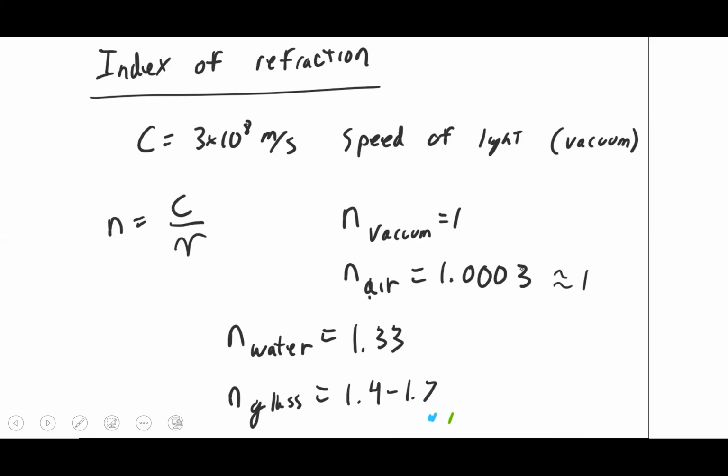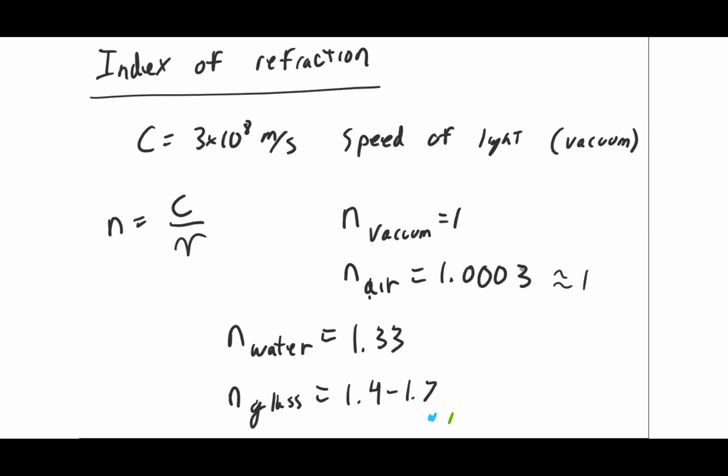Okay, so quick review for index of refraction. We can figure out that the speed of light is being determined by mu naught and epsilon naught, but the speed of light in mediums that have some reaction with the electric or magnetic fields is going to be slower. They're going to have different mu and epsilon values. They're going to be slightly polarizable or slightly magnetic or things like that.